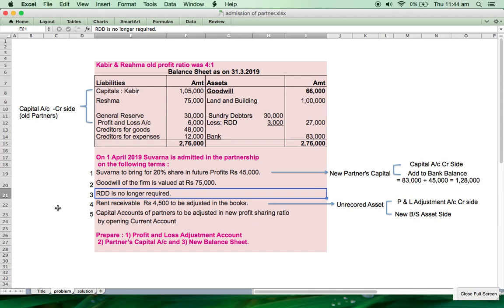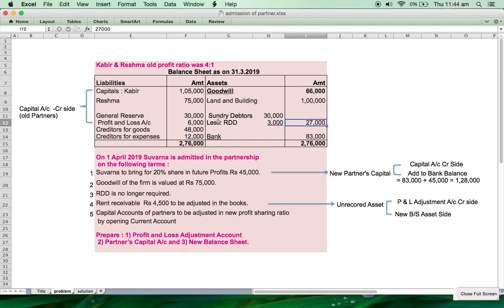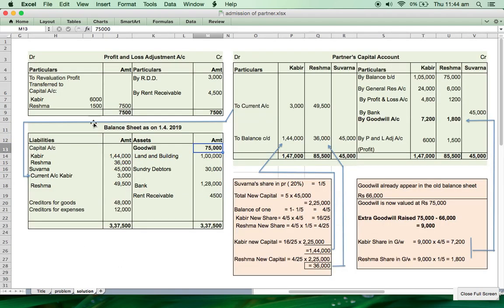Next adjustment is RDD is no longer required. Here in the old balance sheet, debtors amount is 30,000, which is written in the inner column. From that we have reduced 3,000 and outer column 27,000. Now they don't want this RDD rupees 3,000 to get reflected in the new balance sheet. So you are going to show this RDD at the credit side of P&L adjustment account.